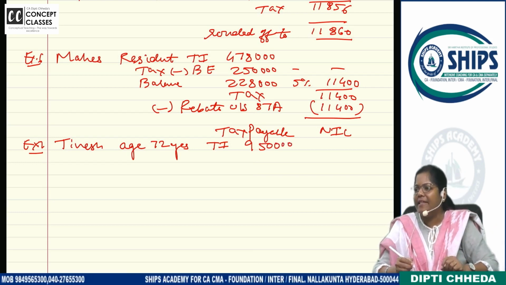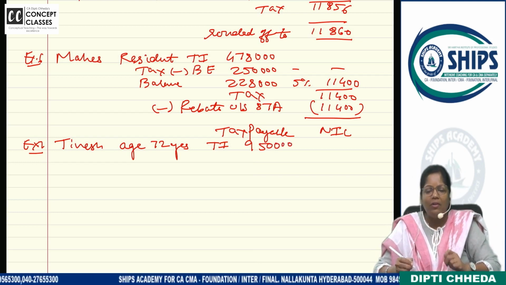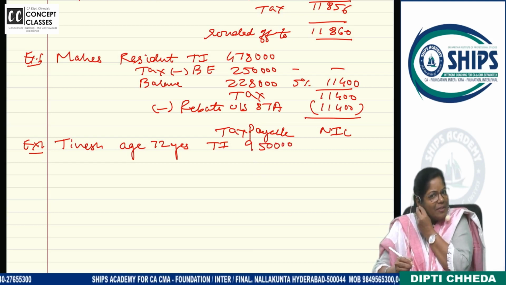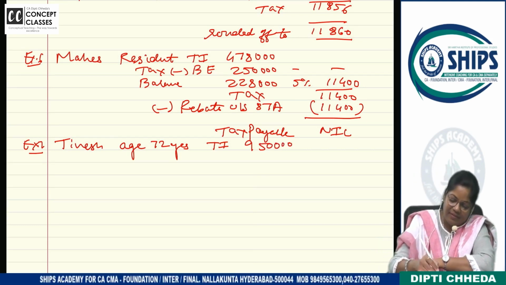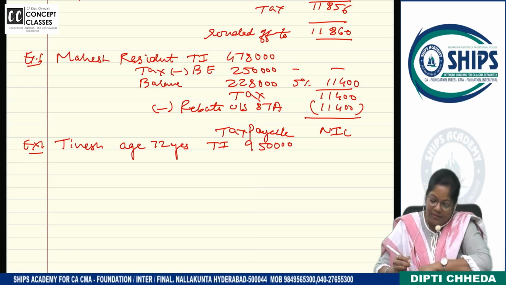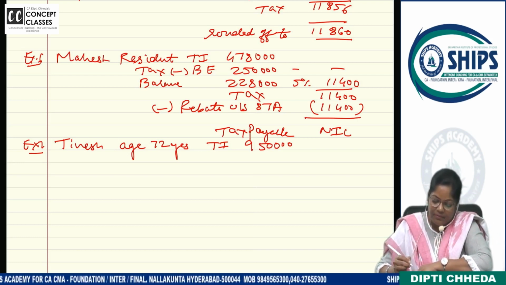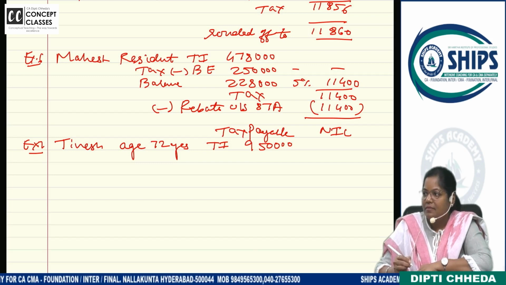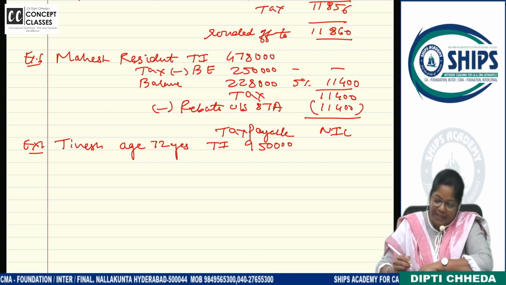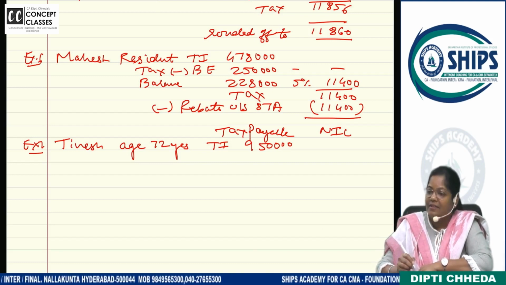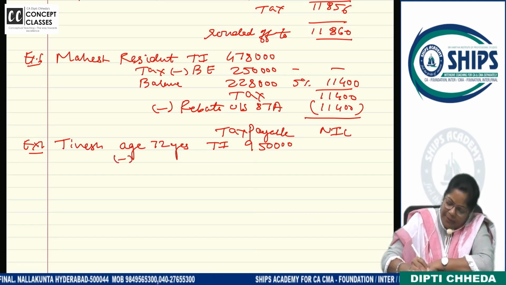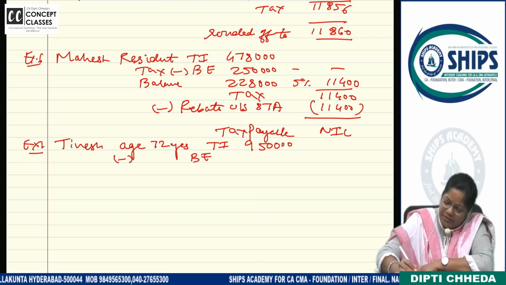Are you all with me? चलो फिर लिखो. Write it with me, Dinesh. दिनेश के टोटल इनकम कितनी है? 950. एज कितनी है? So what will be the basic exemption?